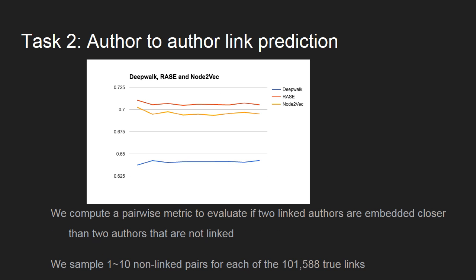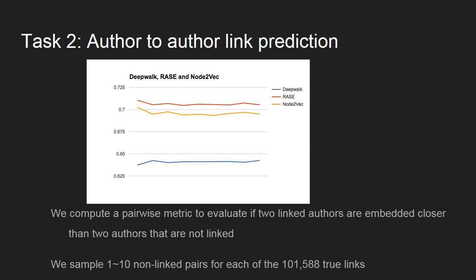This is the author-to-author classification result with DeepWalk and node2vec as baseline. This evaluation evaluates the accuracy of whether the connections between authors are correctly evaluated. Namely, this is the pairwise metric to evaluate if two linked authors are embedded closer than two authors that are not linked.